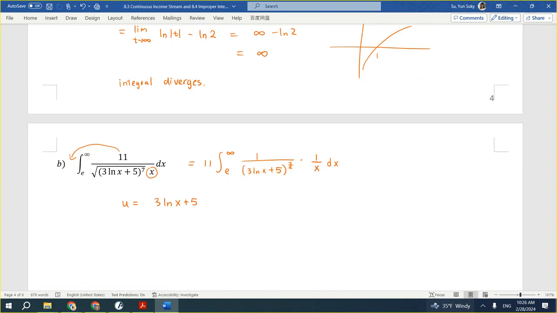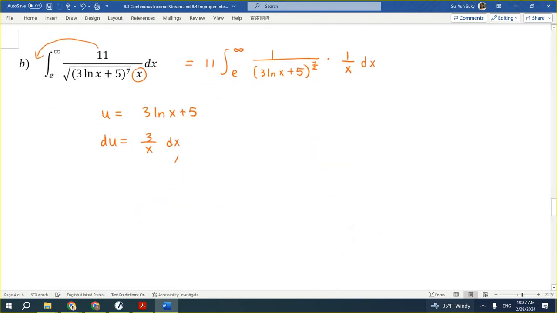That's the inner function. Right, everybody? And what is du? Yeah, 3 over x dx. Yes, everybody?